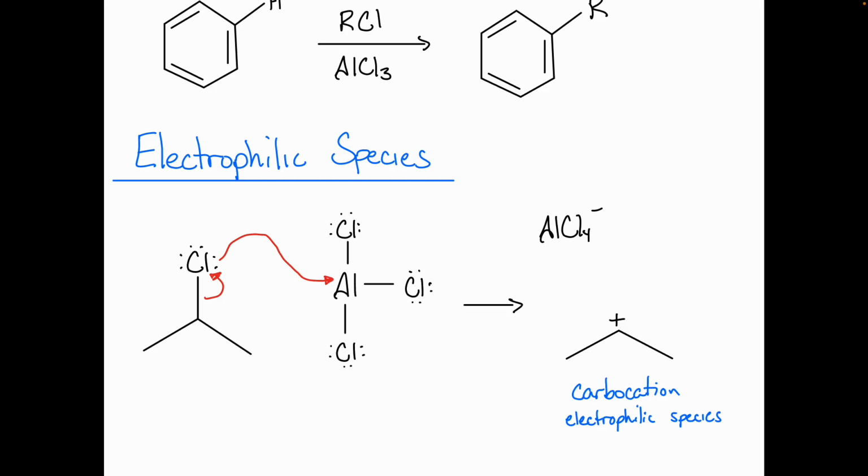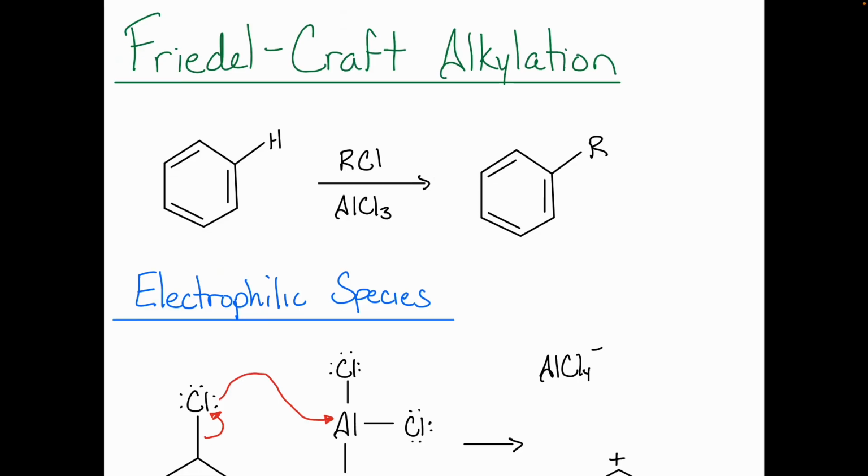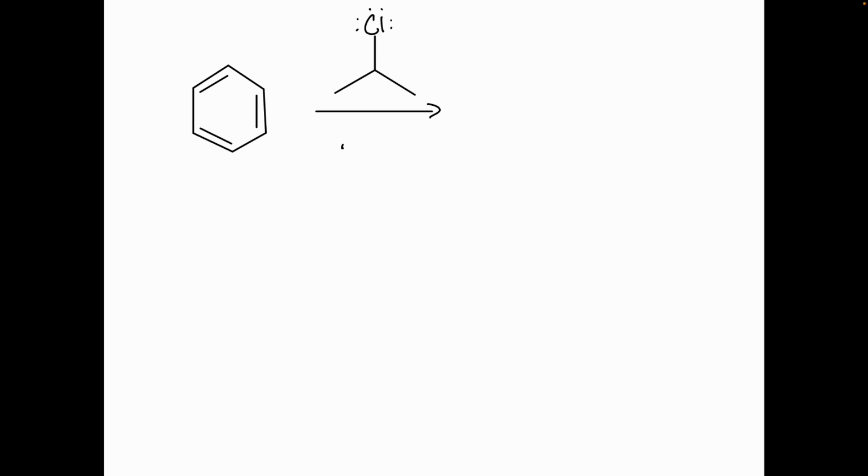All right, there is sort of one thing we got to be careful of with these Friedel-Crafts reactions, though, because of these carbocation intermediates. So let's take the example that we just did, looking at that specific alkyl halide with that chlorine on carbon 2. Benzene is going to attack that carbocation.